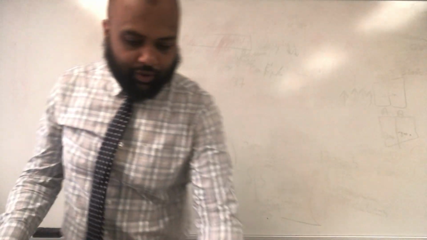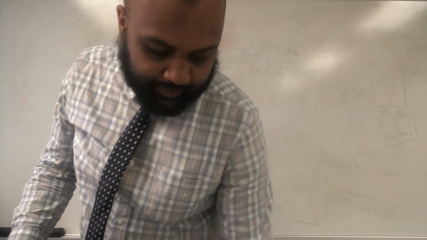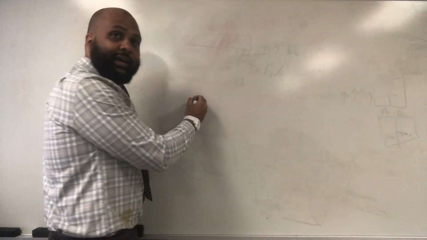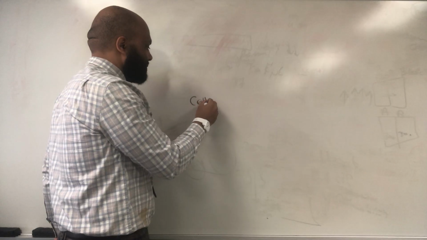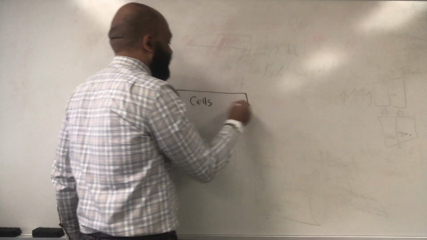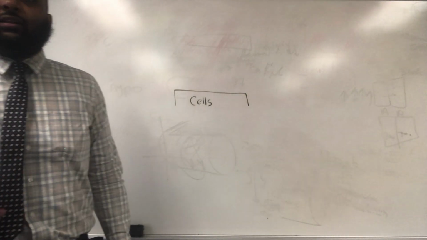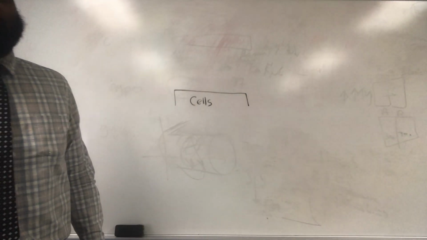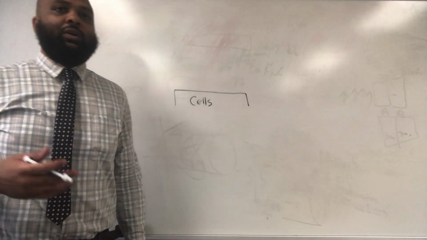Okay. So we begin our hierarchy with the concept that cells are the building block of health and disease. We said that we are healthy because our cells are healthy, and we are sick because our cells are sick.